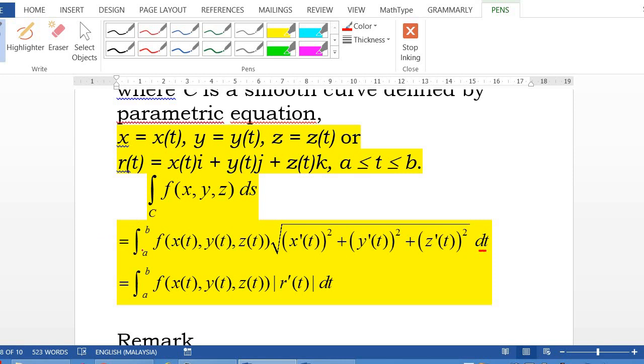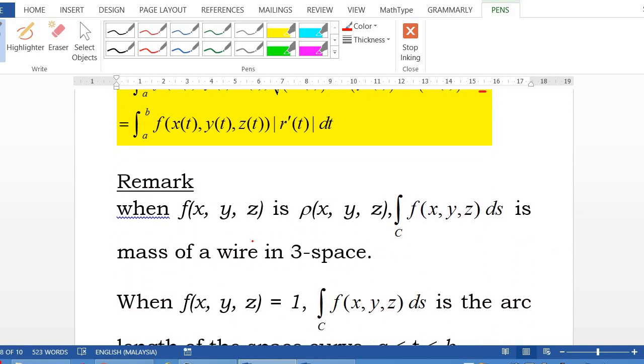This means the line integral of a scalar field is evaluated by changing everything in terms of the parameter t and integrating with respect to t, where t goes from a to b. The square root of (dx/dt) squared, (dy/dt) squared, (dz/dt) squared is equivalent to the magnitude of r'(t).